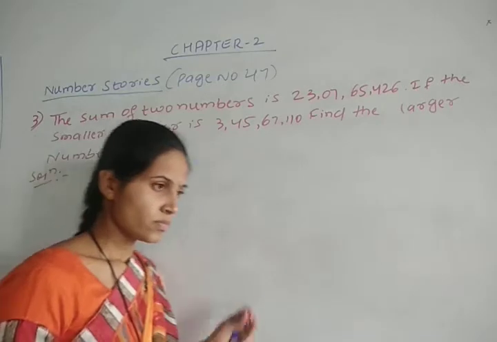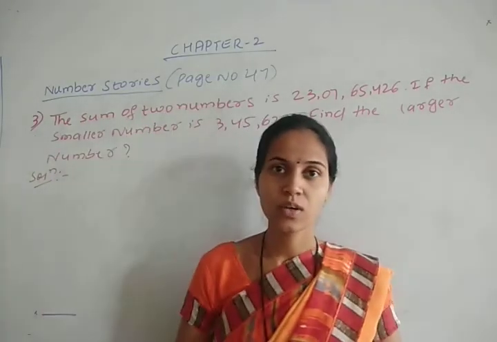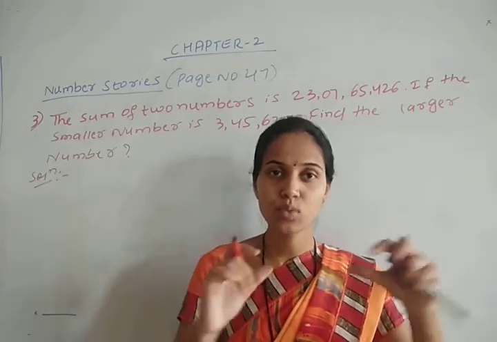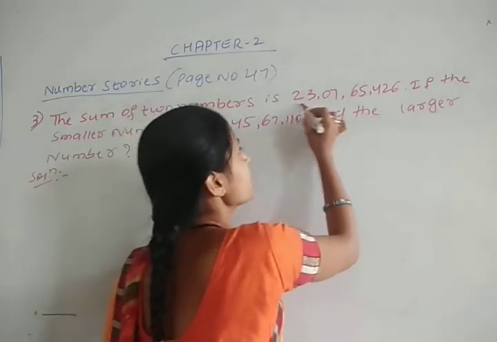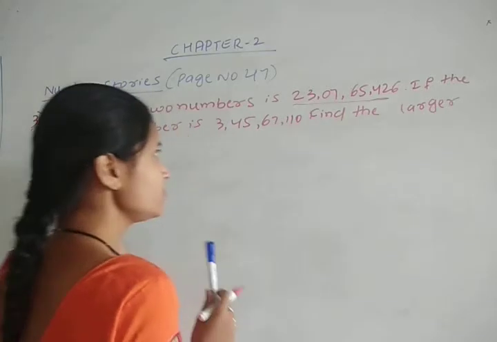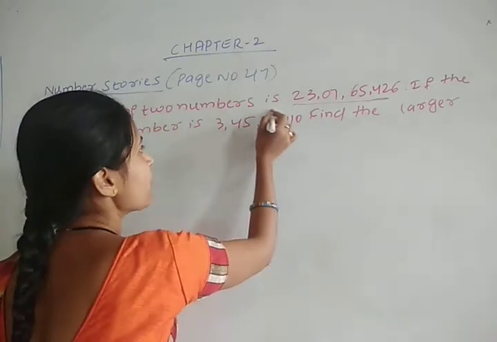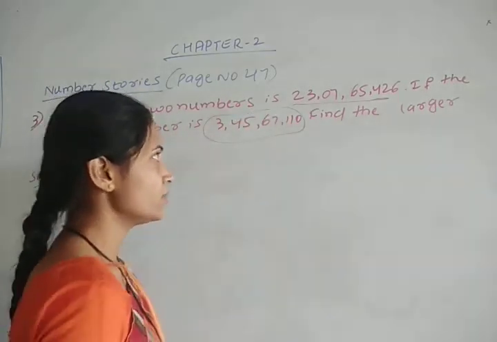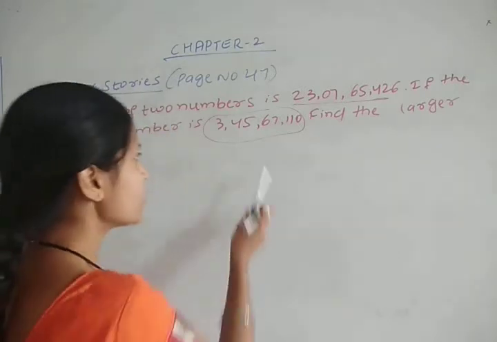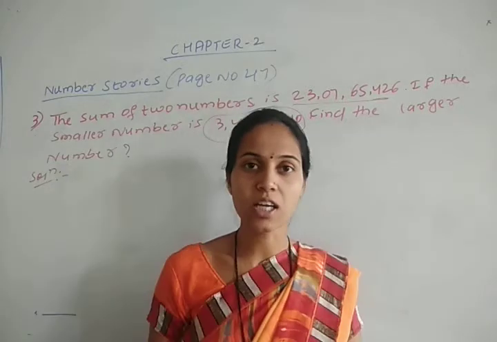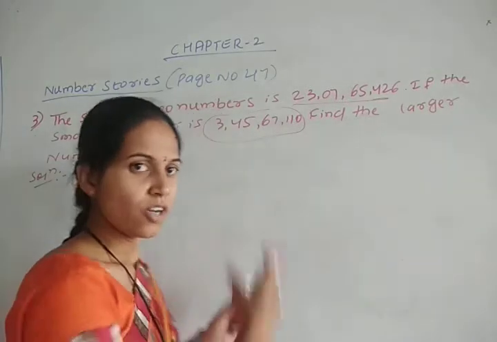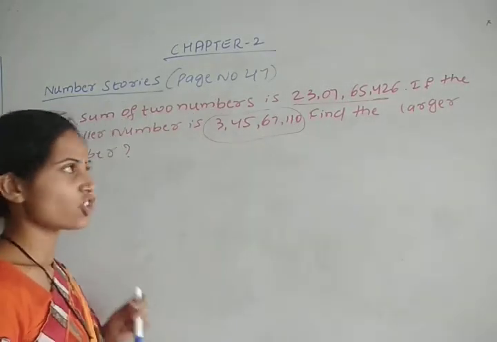There are two numbers, and the addition of those two numbers gives this much. They have given the value of one number, which they call the smaller, and they are asking you to find the other number, which they call the larger number.